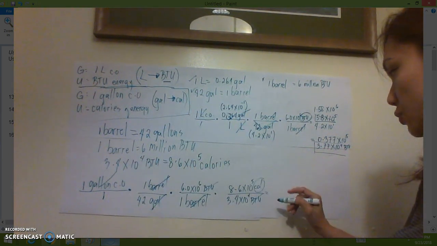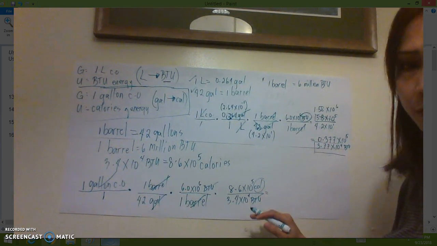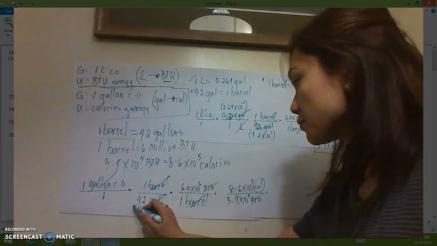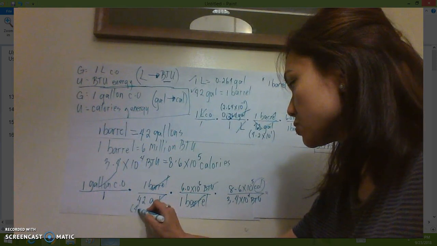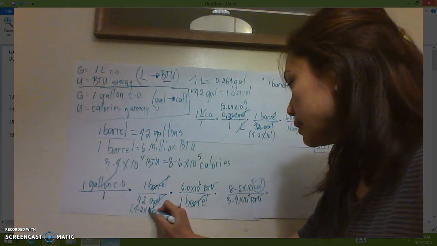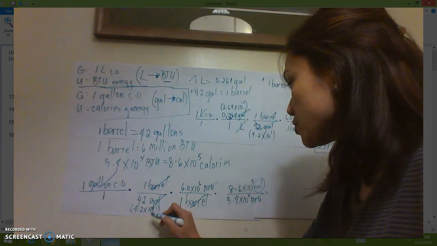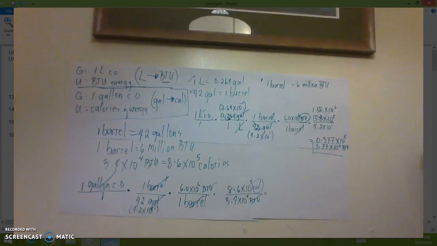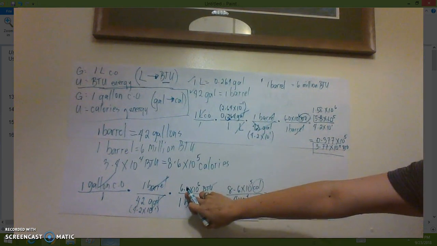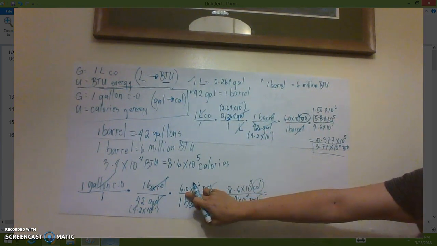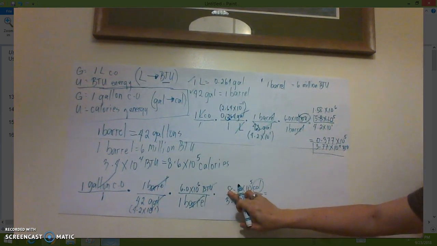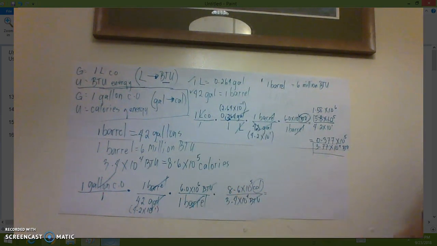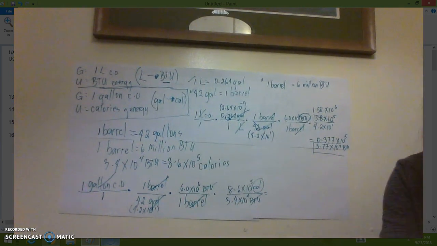Proceed now to making sure all your numbers are expressed in exponents for easier calculation. So this one will become 4.2 times 10 to the first power gallon. Okay, so what do we have here? We have 6.0 times 8.6. That will equal to, let me solve it on the paper first.